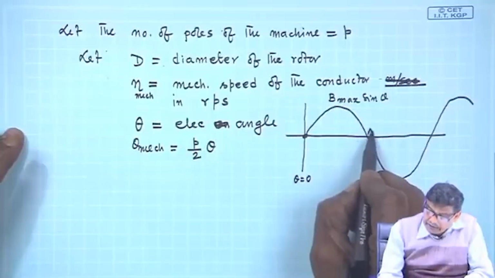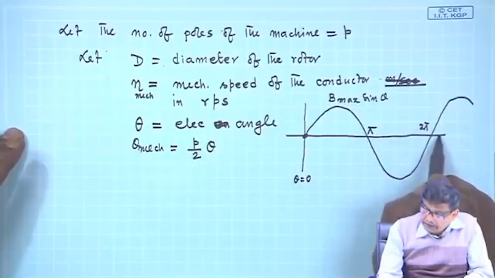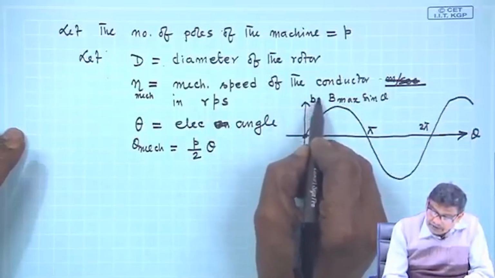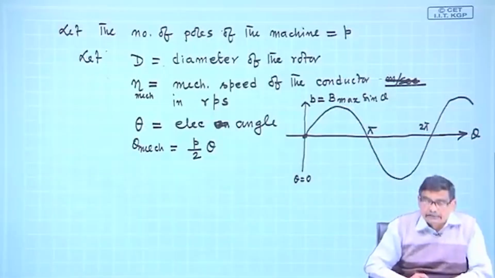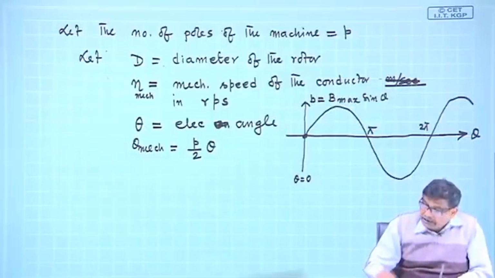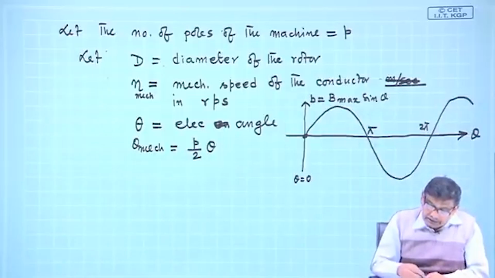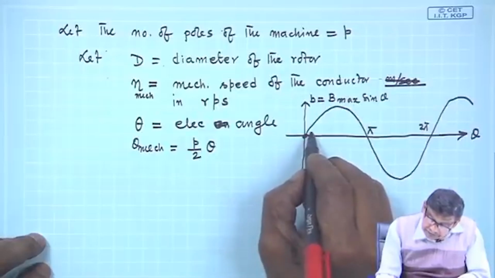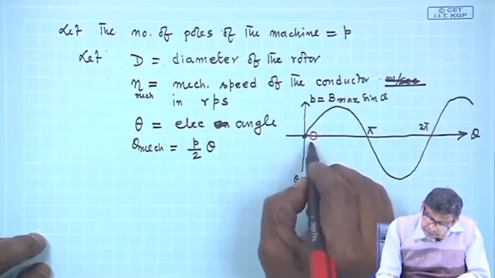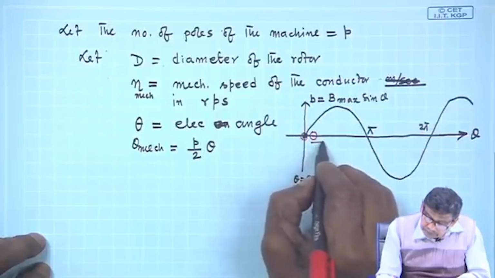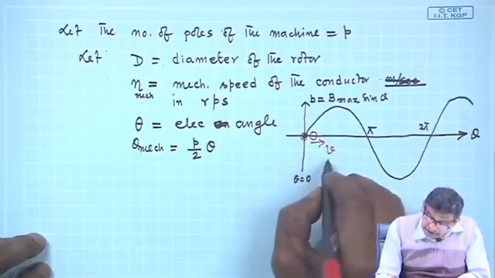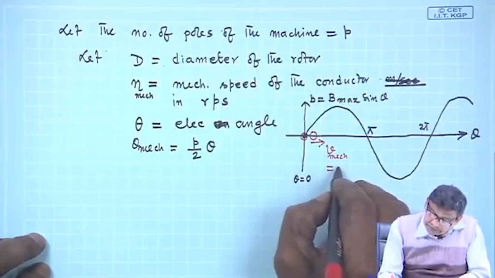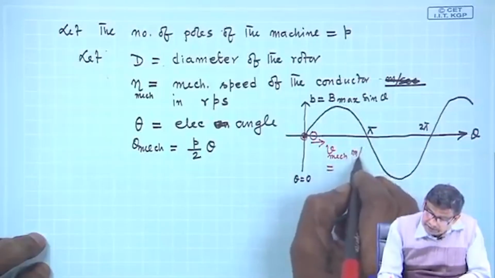So, this is pi, this is 2 pi, and this is theta, and the y axis is B, in electrical angle. And now, I will say that a single conductor is moving with a speed v mechanical, so much meter per second.